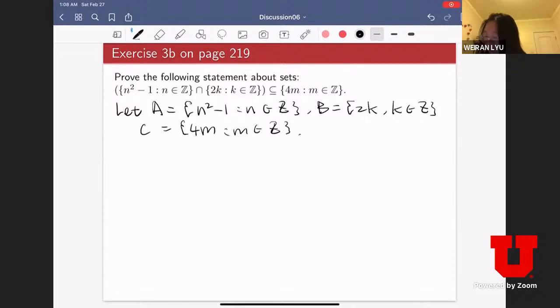And then the question becomes, we want to show that A intersect B is a subset of C. All right, I will give you guys some minutes to work on this.